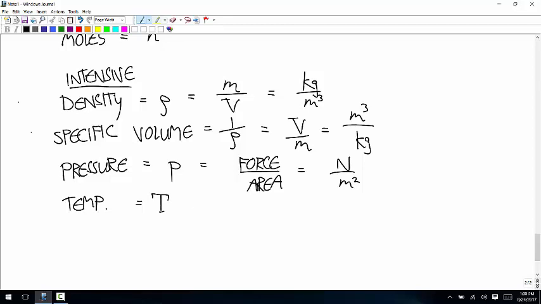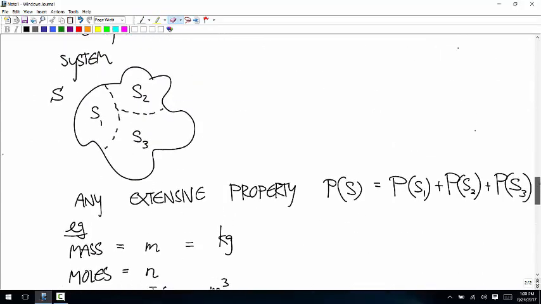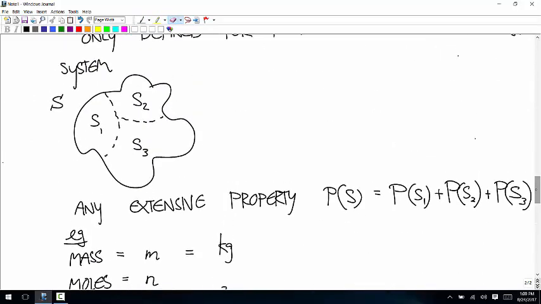Okay, so let's go back to this idea of breaking up a system into little subsystems. So we talked about how it works with mass, it works with moles, that the extensive property of the whole system is equal to the sum of the extensive properties of the subsystems, right?